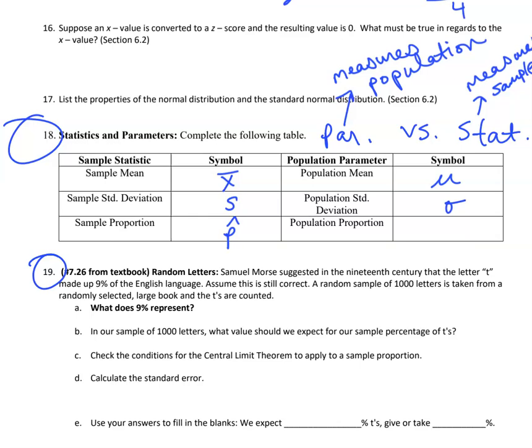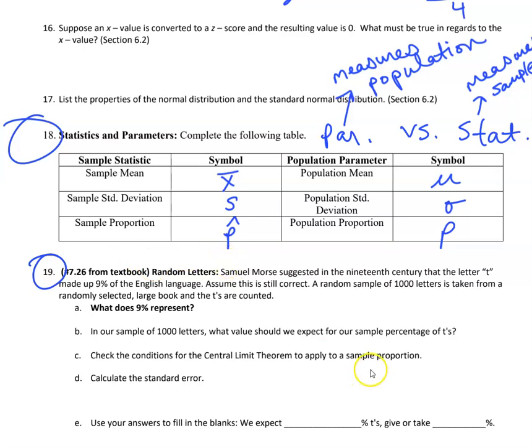That's what goes with that normal distribution, because theoretically the normal distribution measures a population. That's the idea. And then if it's a population proportion, we use p. This may be something to put on your index card along with the definitions of parameter and statistics. So remember that parameters always go with populations, statistics always go with samples.